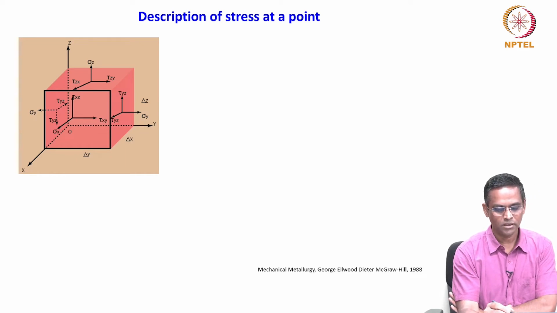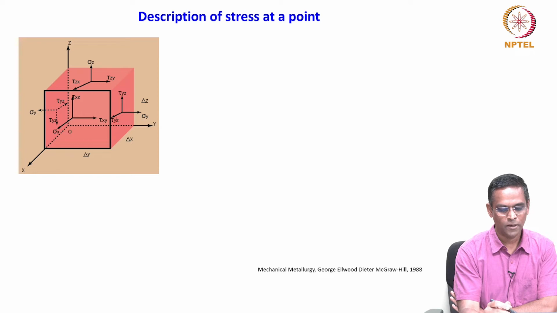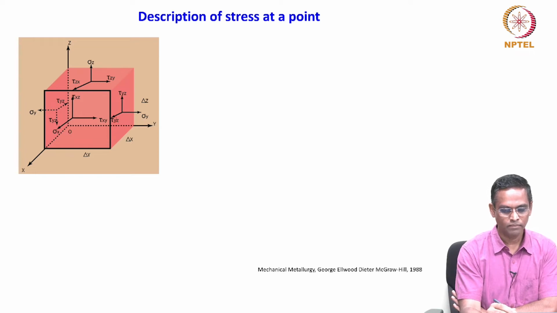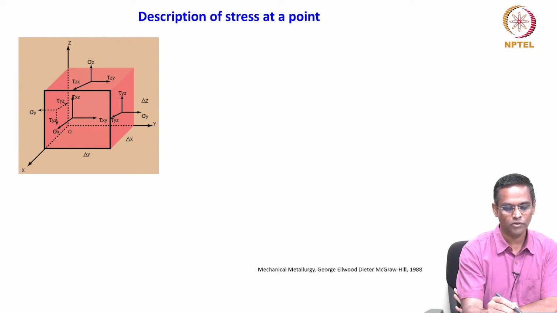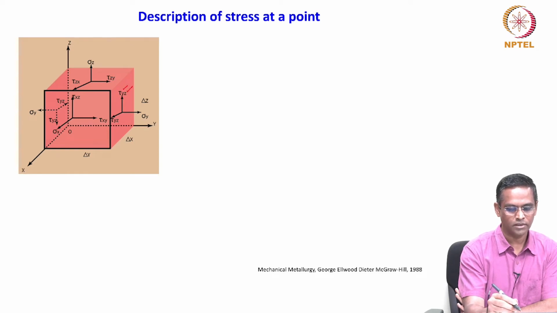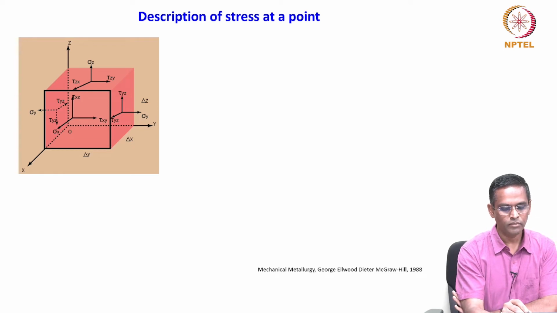The first subscript denotes that it lies in the y plane, and the second subscript shows which direction it acts in. For example, take this tau yz: the shear stress is in the y plane, that is the first one, and the direction is z. Similarly, take this one: it is in the z plane, but the direction is y.